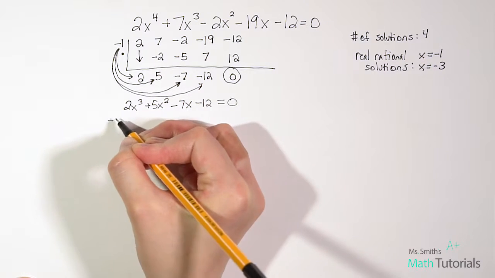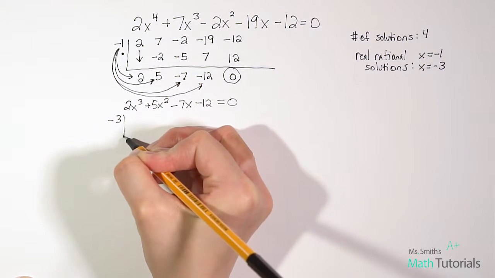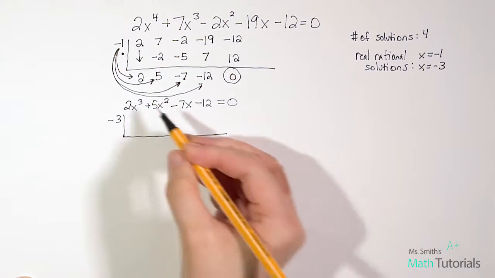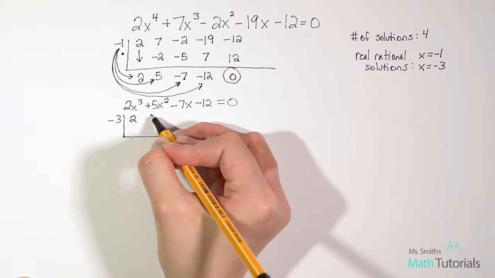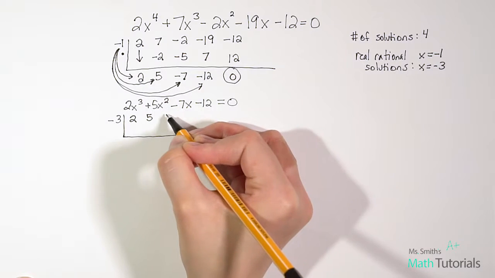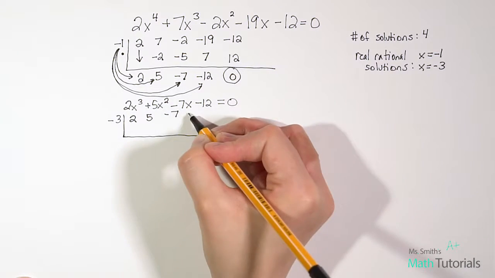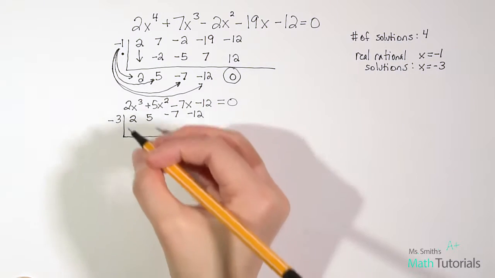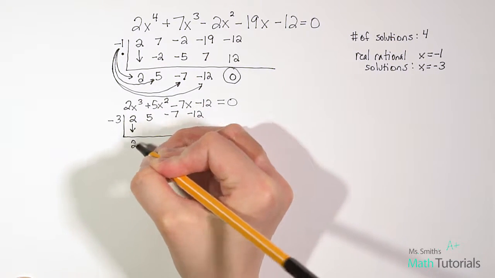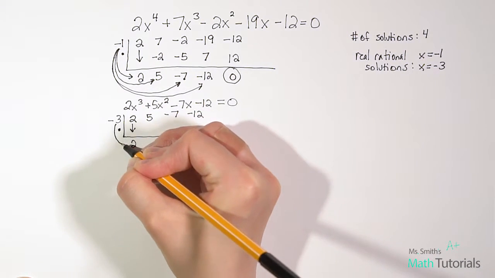So we're going to build a second box. We have to do this process twice. Remember, our first coefficient was 2x cubed, and then our 5, our -7, and then our -12. And now we can move through the process again. Bring our 2 down. We'll have our multiplication chain.